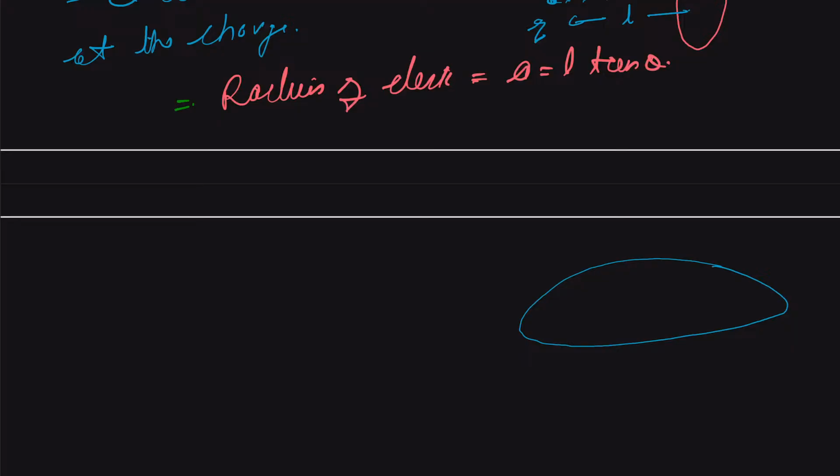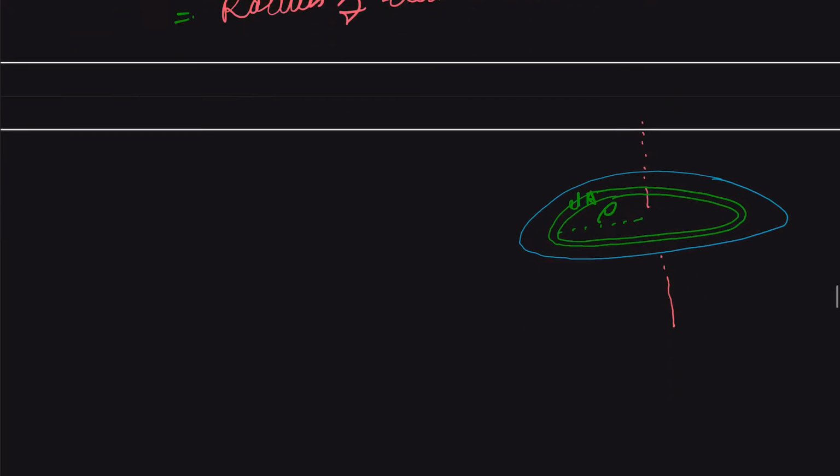Suppose this is the axis of it, and we consider a small area dA in the disk, and its radius is, let us suppose, rho, and the charge q is somewhere here.